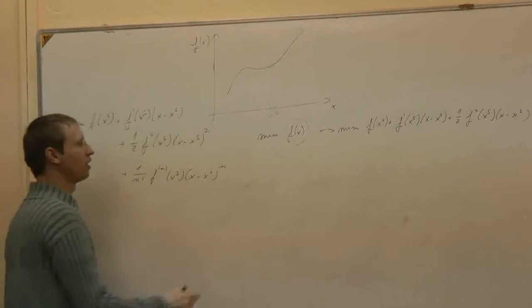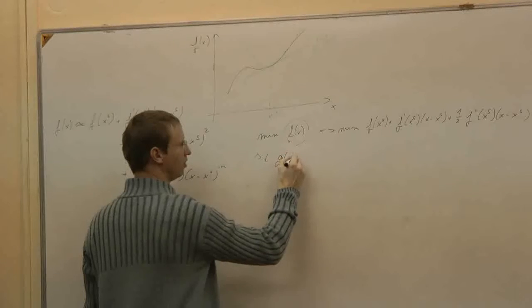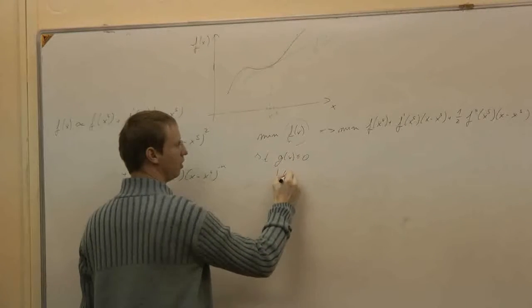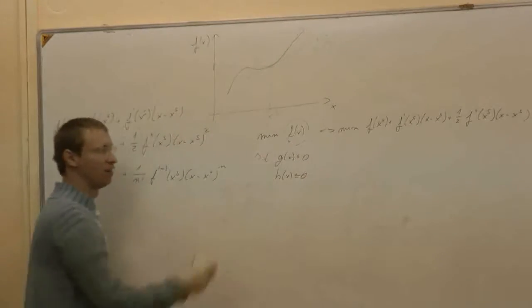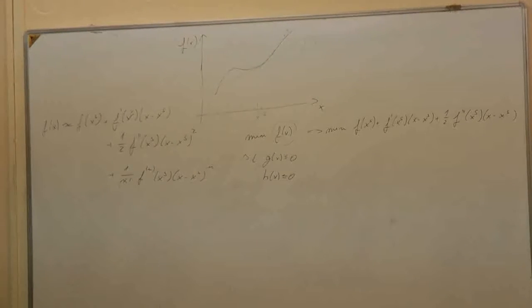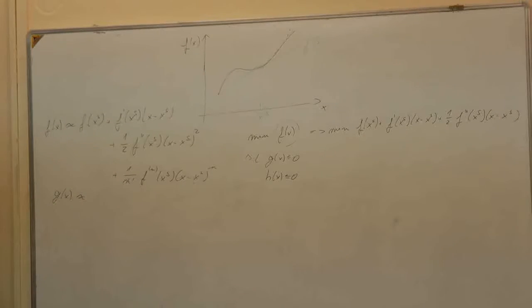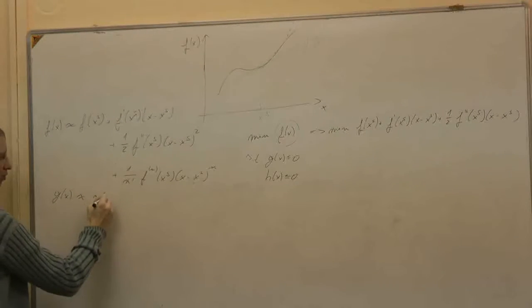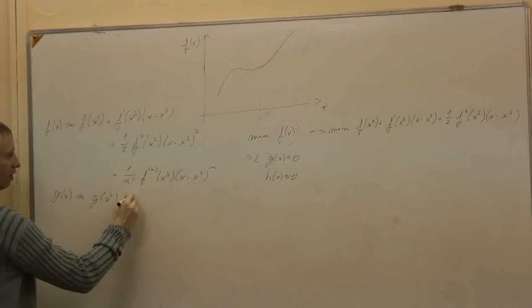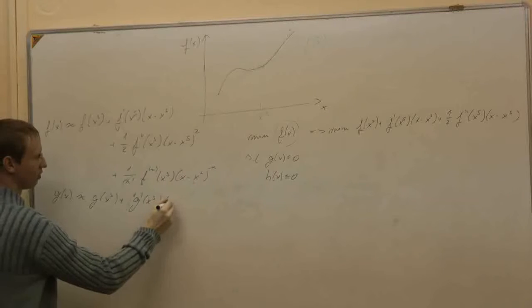And similarly, we are going to linearize the constraints. What is the linearization of the constraint g? And here we really mean the linearization, meaning the first order Taylor expansion. So what is g of x roughly equal to in some neighborhood of xs? That's g of xs plus the derivative at that point times x minus xs.